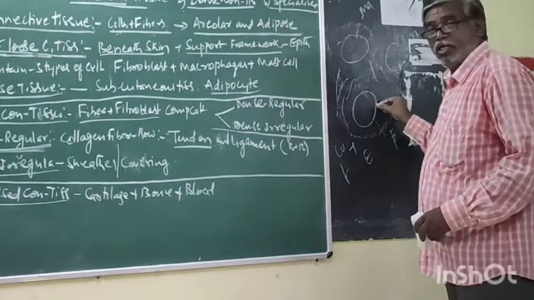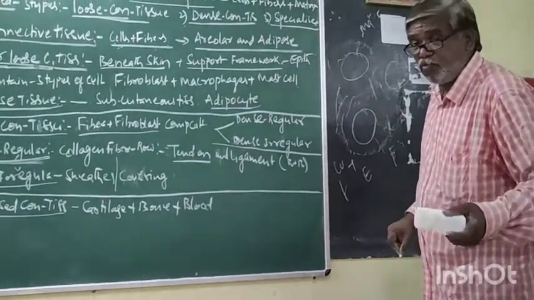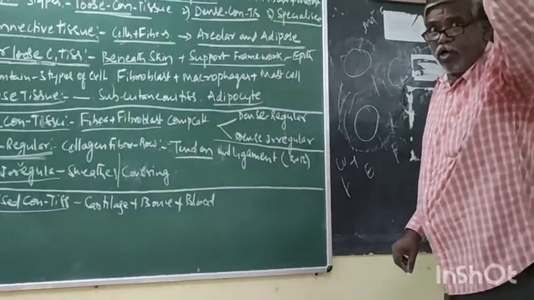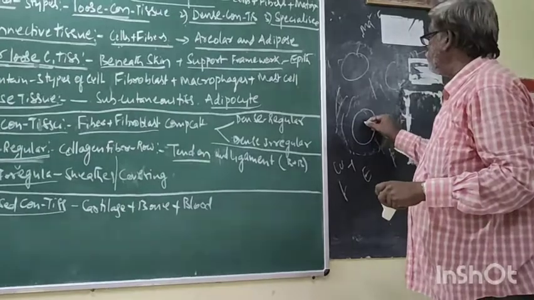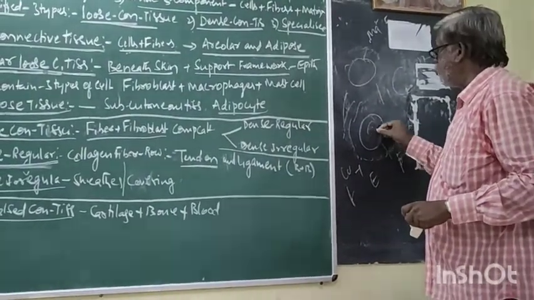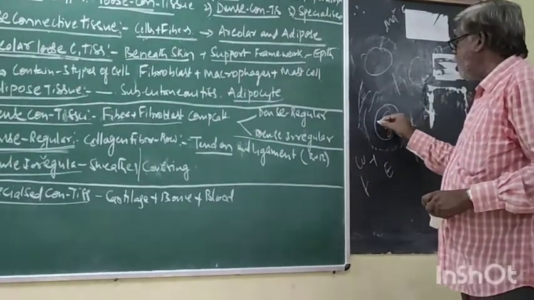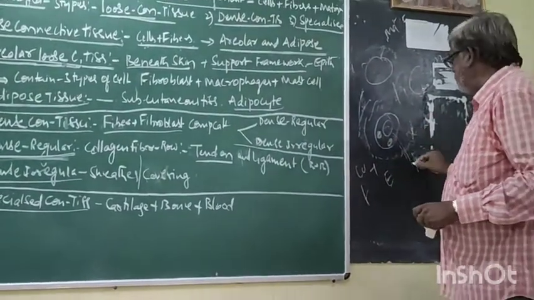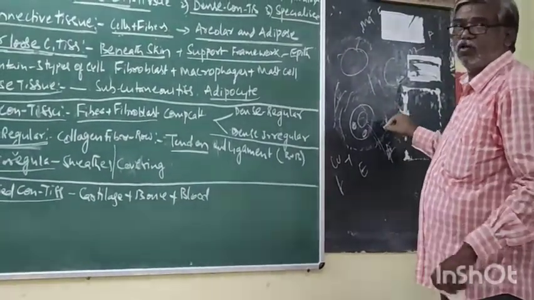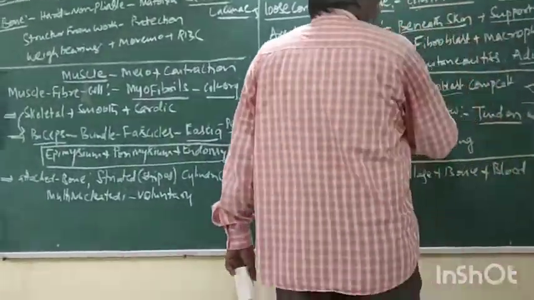Hence, the cell function is storage of excess food, which is taken according to need. Each cell is called an adipocyte. A central vacuole is there, the nucleus is peripheral, and food will be stored. Due to the presence of adipocytes, it is called adipose tissue. It is subcutaneous tissue.